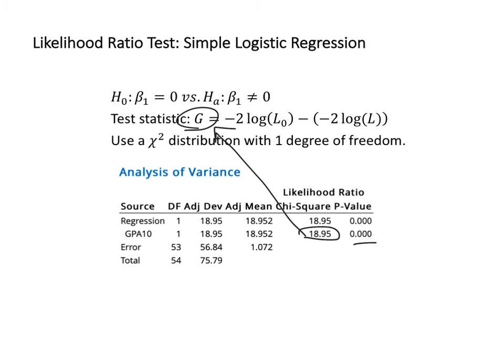So this tells us that the success of getting into med school does depend on GPA. Okay, that this variable was useful in this model. Overall effectiveness of the model is good. Okay, just a couple of things. This likelihood ratio test is sometimes called a G-test or a drop in deviance test. They all mean the same thing.